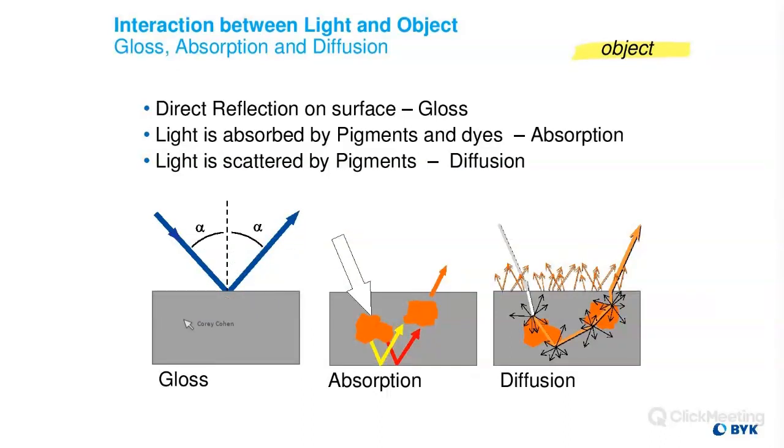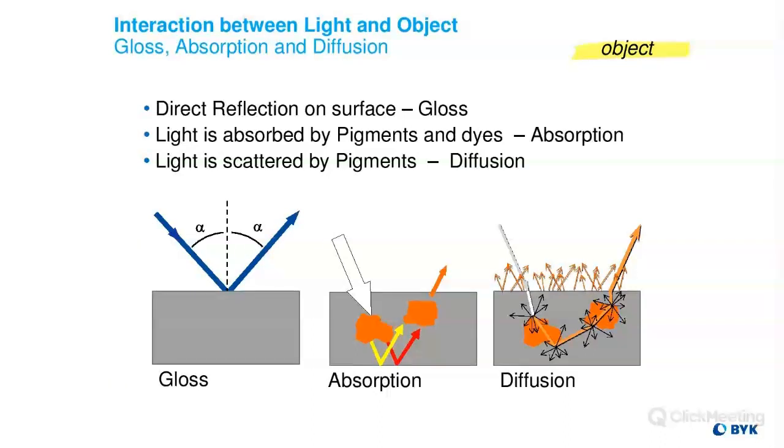So the spectrum, perhaps not the power or the intensity level, but the spectrum of light that you're seeing reflected off is going to be the same as the light source itself, because that light is not being modified at that specular angle. But what's also happening is some of that light is going to penetrate the surface. It is going to interact with the chemistry of that material, specifically the pigmentation in the material.